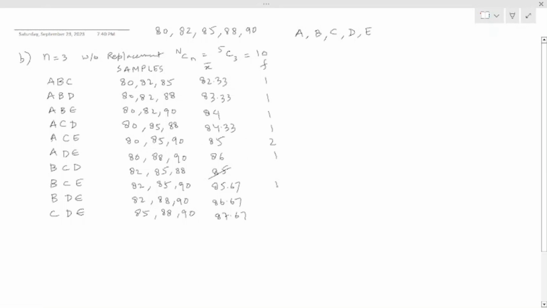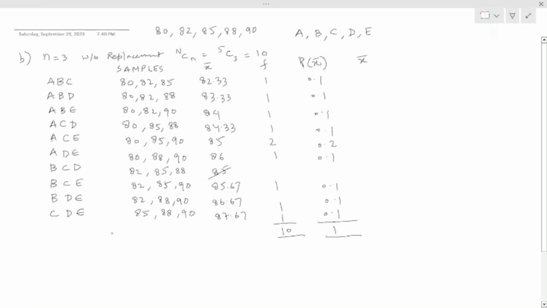That's 1, 1, 1, and 1. Now converting these frequencies to probabilities, again using the concept of relative frequency approximates probability, we get 0.1, 0.1, 0.1, 0.1, 0.2, 0.1, 0.1, 0.1, 0.1, and this is making 1 in total.